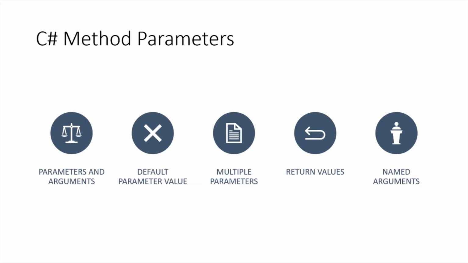They are specified after the method name, inside the parenthesis. You can add as many parameters as you want, and you just have to separate them with commas. Then you can also set a default parameter value, you can send multiple parameters, and you also specify the return type of return values.